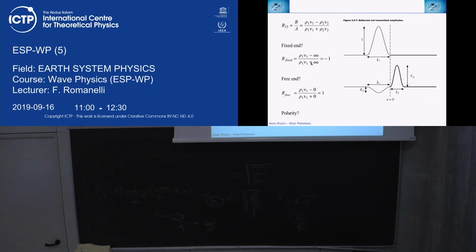Here, we consider two extreme cases. Fixed. This is so thick that it's a fixed point, a pin, okay? That boundary condition means that the displacement there has to be always zero.